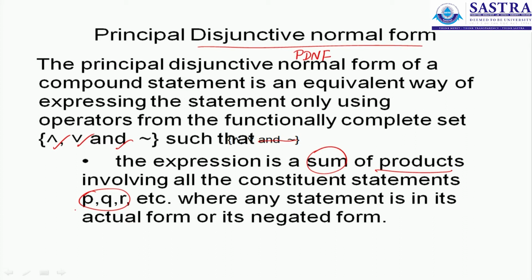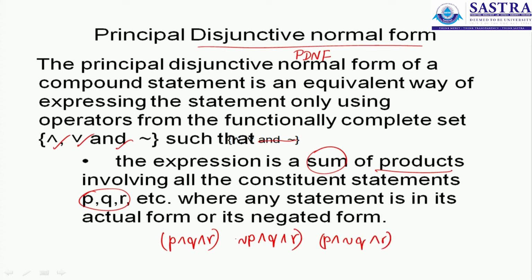What do you mean by sum of products? We'll need to express it in this form. So this is a conjunction of these 3, or a conjunction of these 3, or a conjunction of these 3.